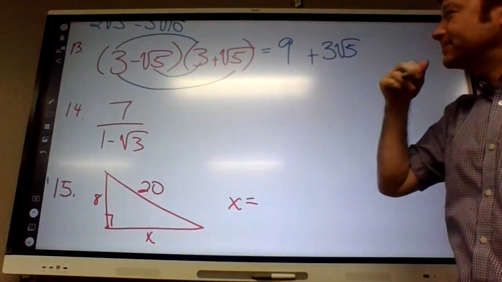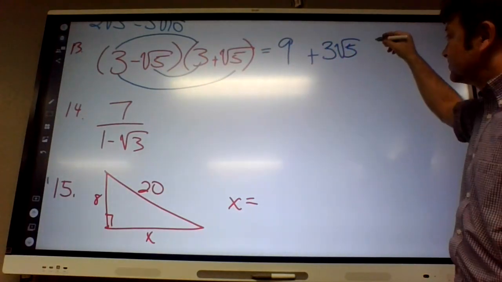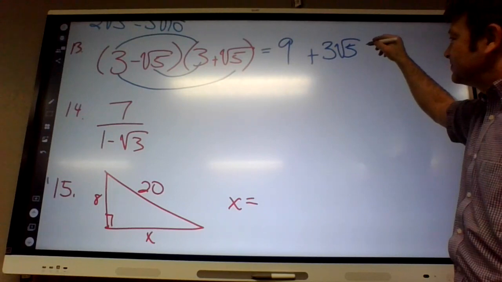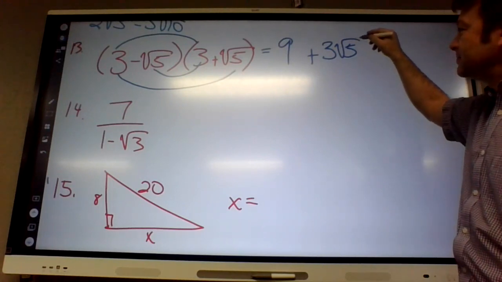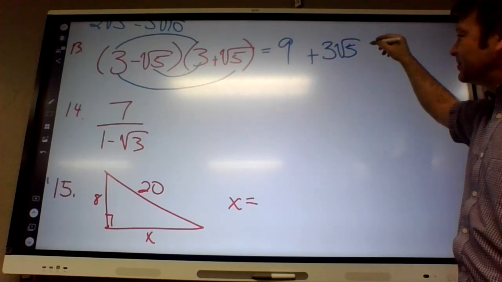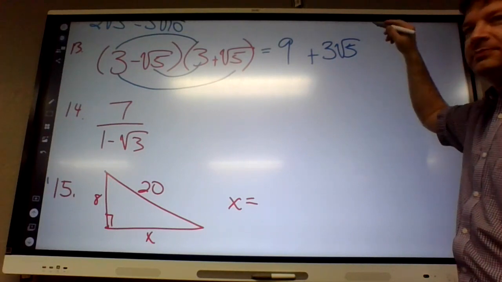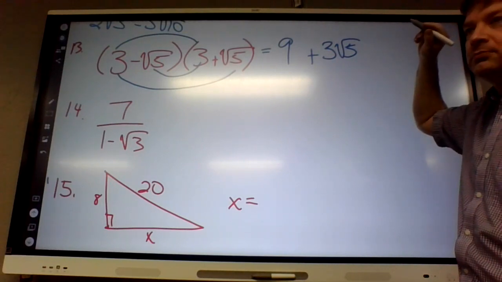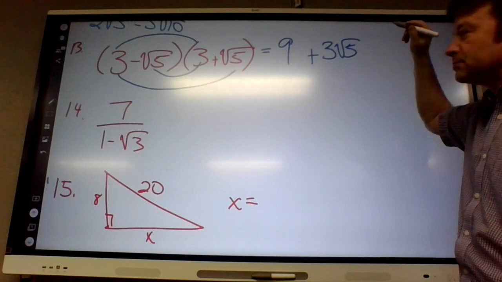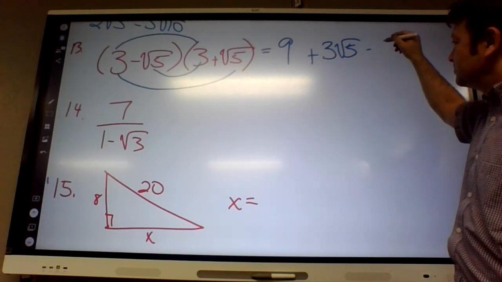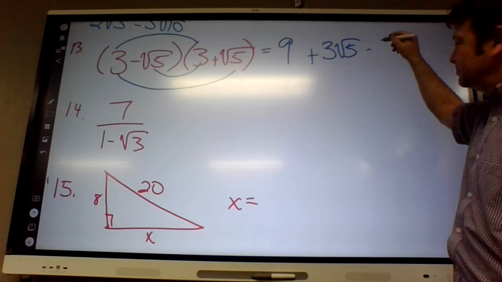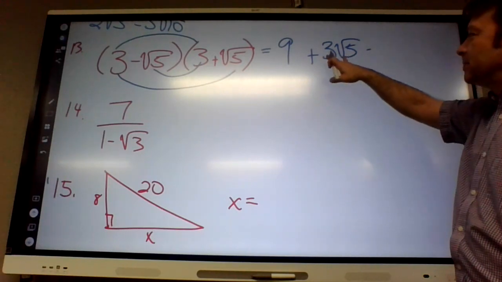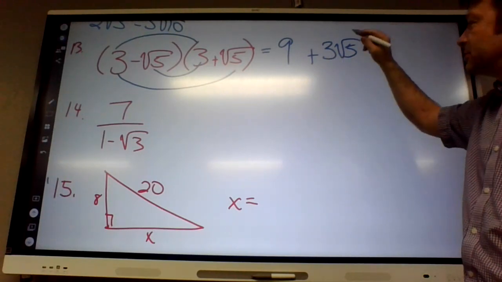Inside: negative 5. No, it's a negative square root of 5. How would I write it? But minus square root of 5, the square root comes last.